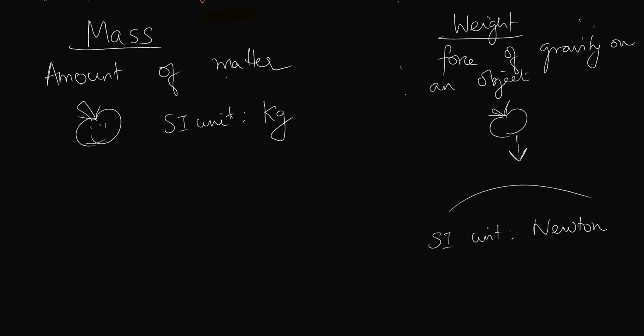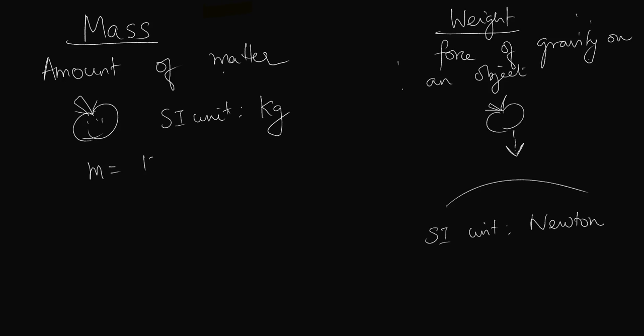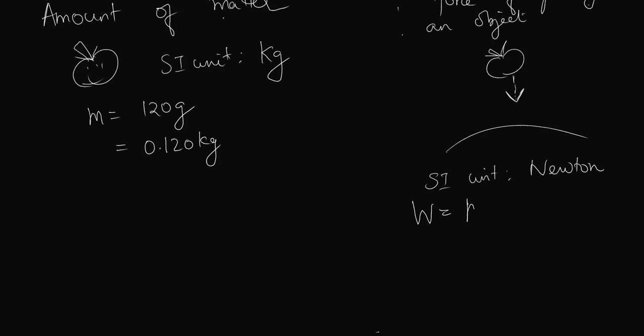So how do we calculate the weight of an apple? Let's say the mass of an apple is about 120 grams, which means it's about 0.12 kilograms. So that means the weight of the apple, since weight is defined as force of gravity, and you know by Newton's second law, force is m times a, weight must be mass times acceleration due to gravity.